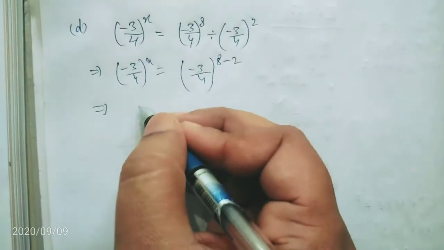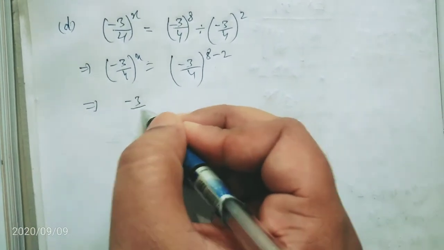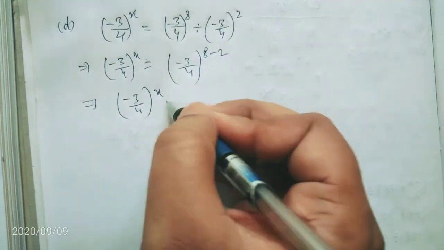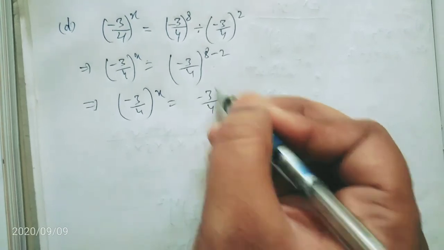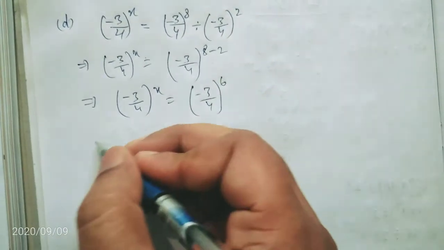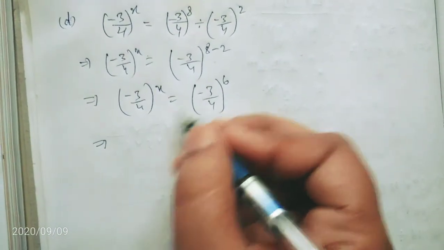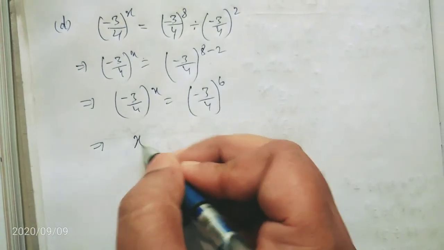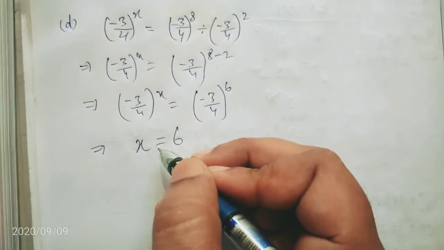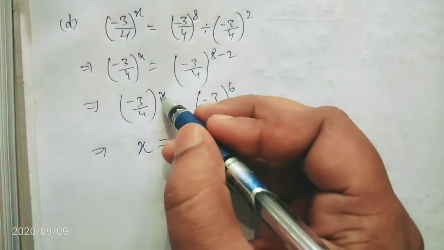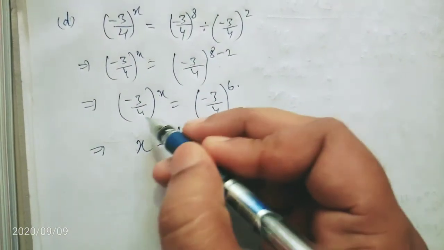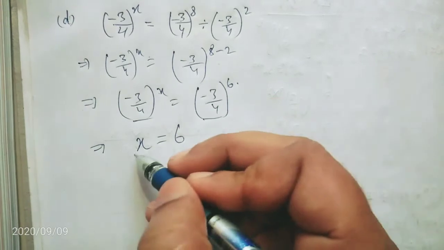So minus 3 by 4, 8 minus 2 is 6. Now when the bases are same, the powers will also be same, then x equal to 6. So no need to do anything more here, because it is directly given.